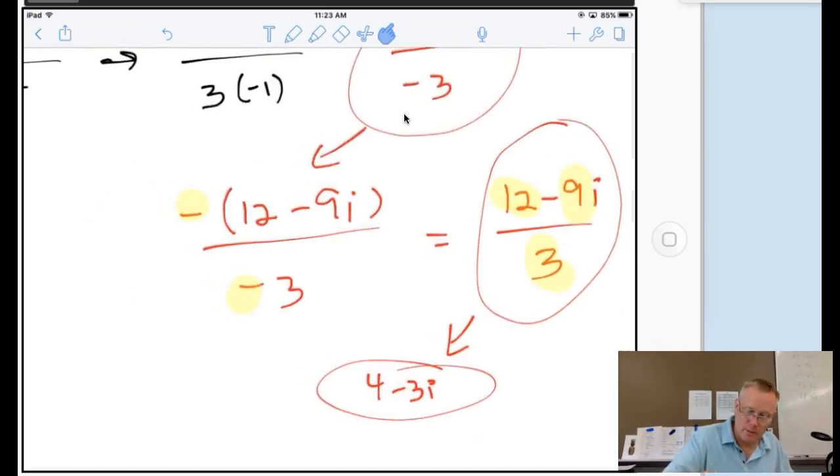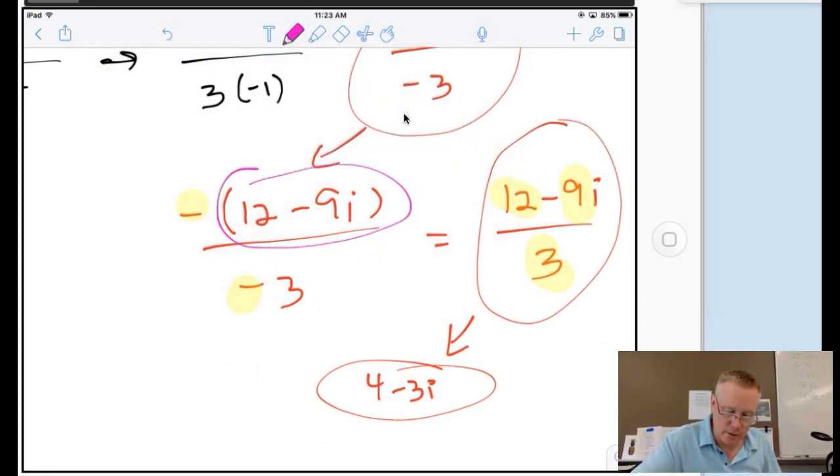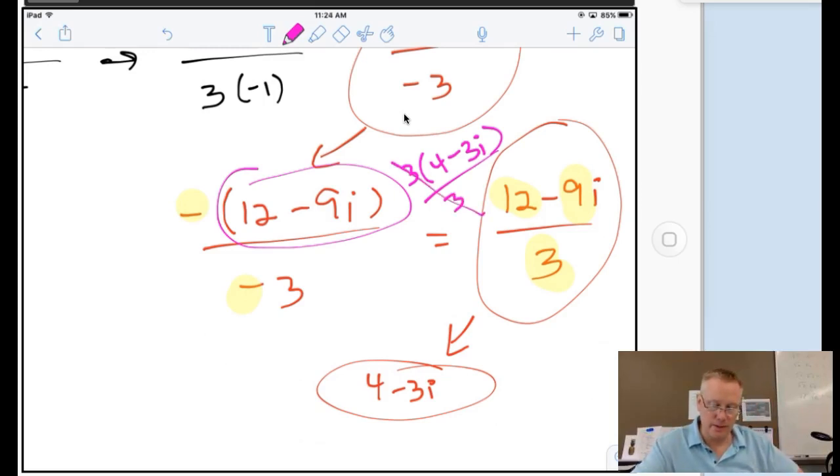I could have factored out, if I took that numerator, both 12 and 9 are divisible by 3, which would leave me with 4 minus 3i, and I'd be left with 3 here. So those 3's cancel, and I'm left with 4 minus 3i. All right, anyway.